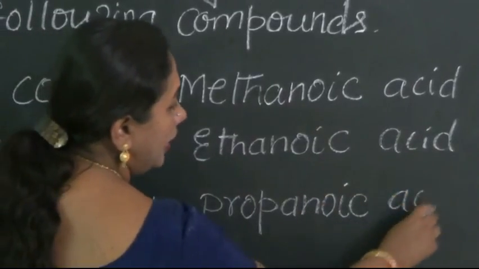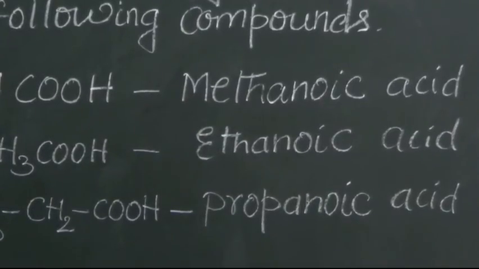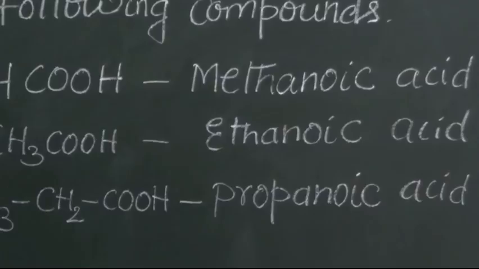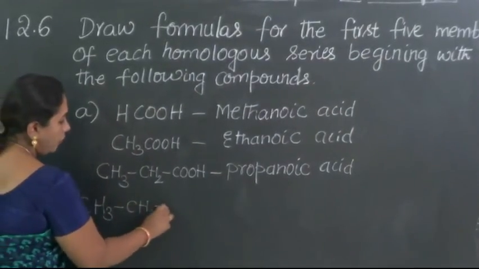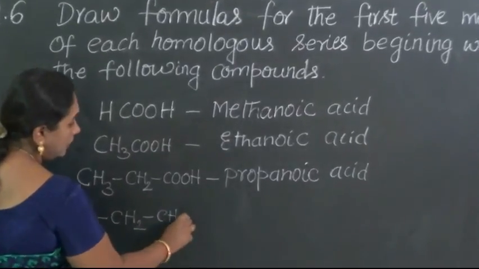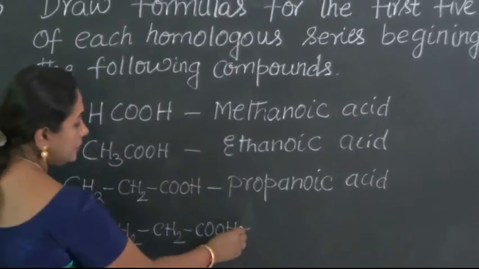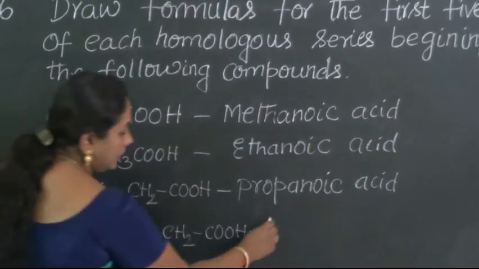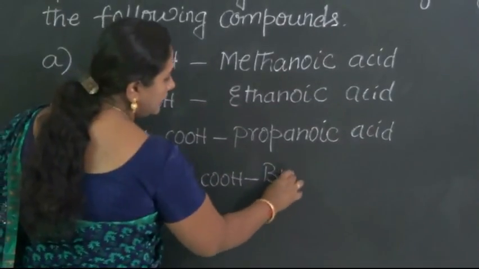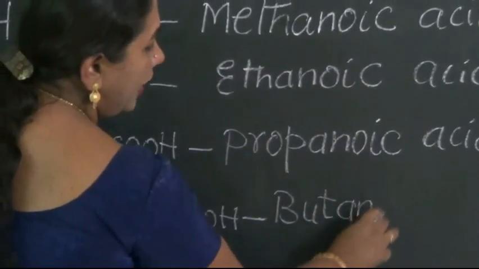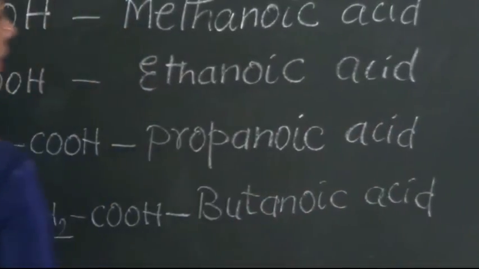Propanoic acid. Then you add one more CH2 to this, then you get the next higher member, CH3CH2CH2COOH. Because there are 1, 2, 3, 4 carbon atoms, the name of this compound would be butanoic acid.